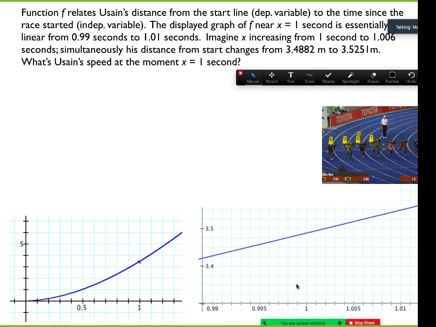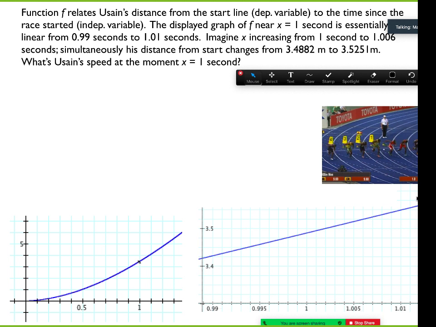And so here I'm showing you the moment. It's the same graph, but now I've zoomed way in to show you between 0.99 and 1.01. What do you notice about the graph? It's essentially linear. Yeah, right. So now I've zoomed in on a small enough piece to show you that it's essentially linear.